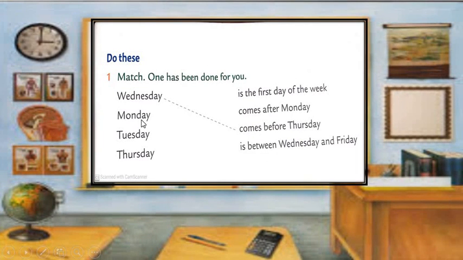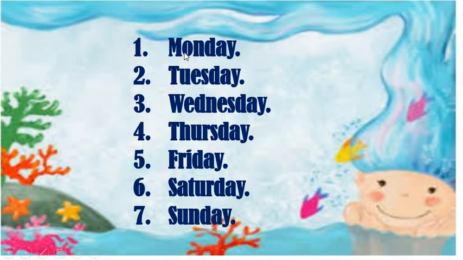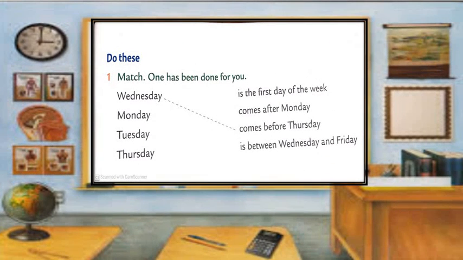Now Monday. Here we have the option is the first day of the week. You can see Monday as the first day of the week. So match it with is the first day of the week. Now Tuesday. We have two options remaining: comes after Monday, and is between Wednesday and Friday.